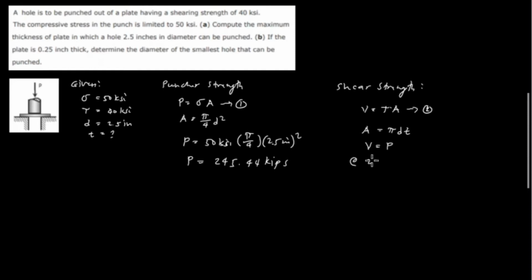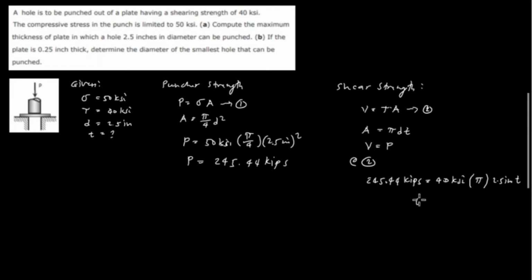So at 2, V, which is equal to P, or 245.44 kips, is equal to the tau value, which is 40 psi, multiplied by the area, which is pi, and the diameter is equal to 2.5 inch, and the unknown value t.